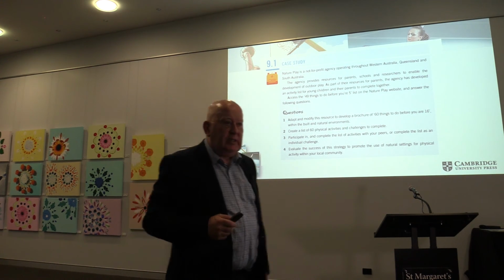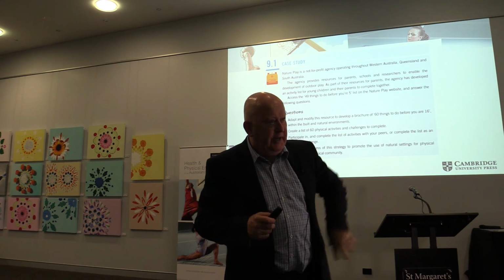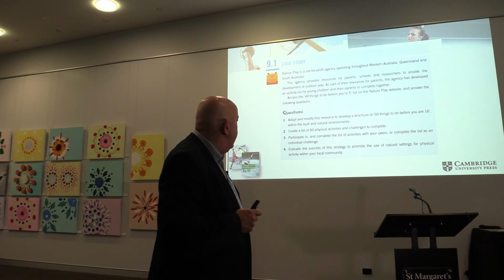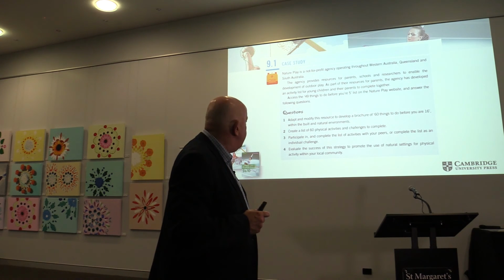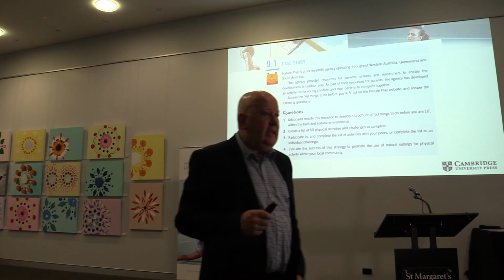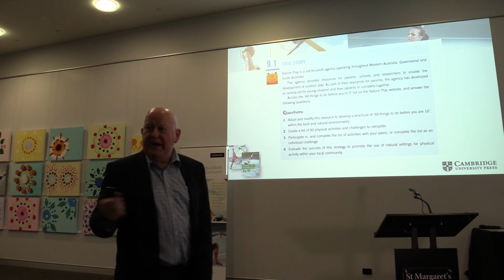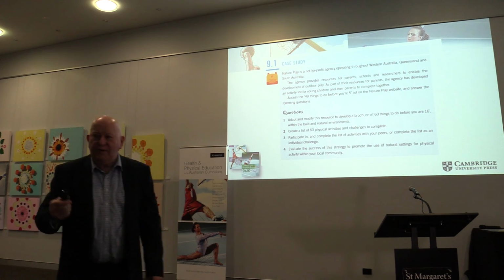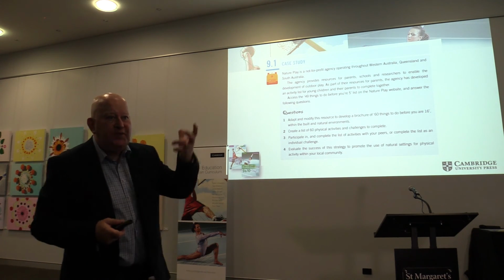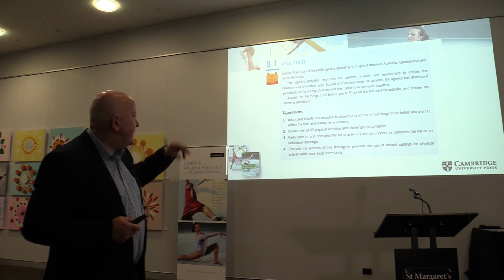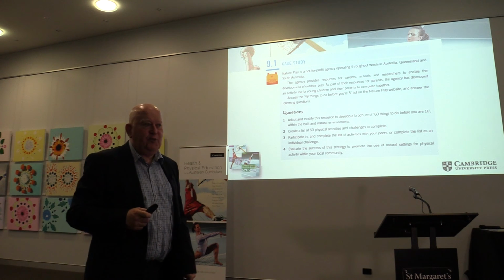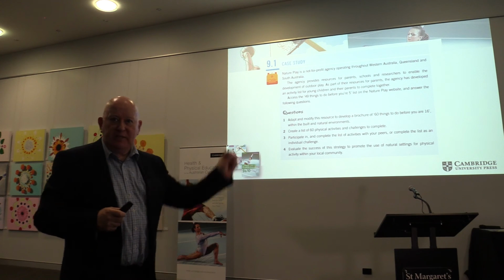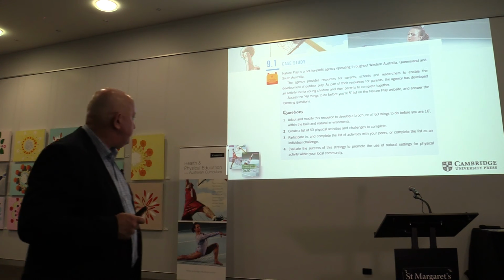There's a downloadable worksheet that students can download: 49 things to do before you're 5. Now we're dealing with 14-year-old, 15-year-old students, so we've changed that to be 60 things you need to do before you're 16. It's almost like the bucket list.